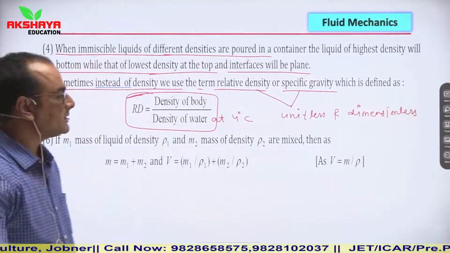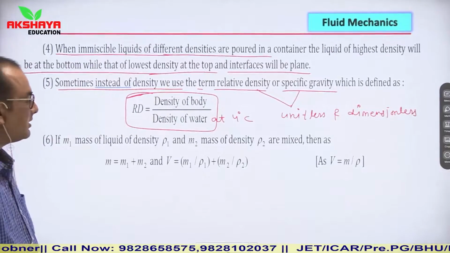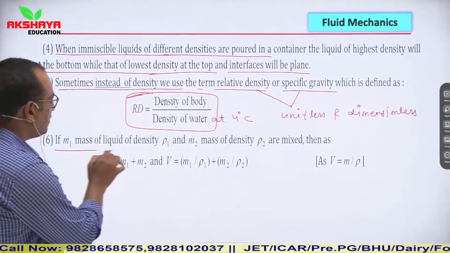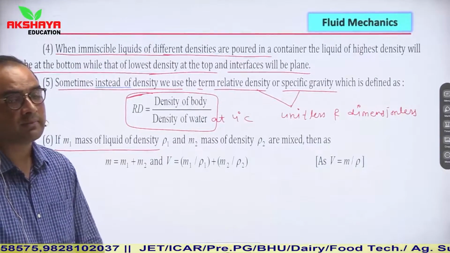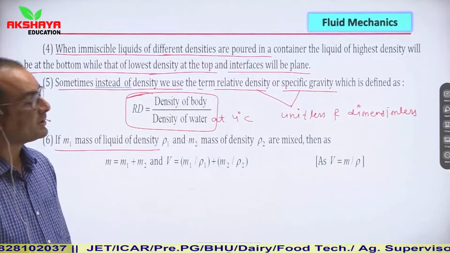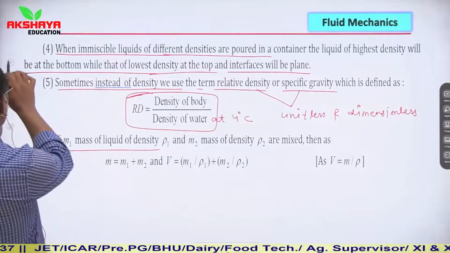Now see, we have a concept on which different patterns of questions are asked. Let us say that two liquids of masses m1, m2 and densities ρ1, ρ2 are mixed together. Then what is the density of the mixture?